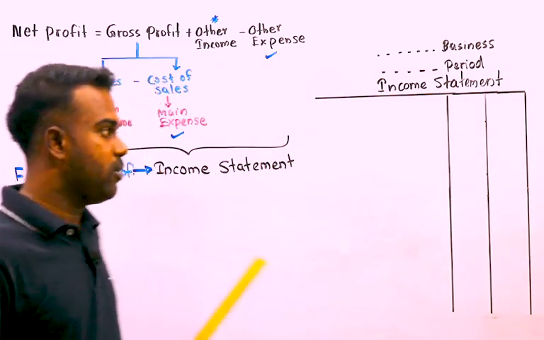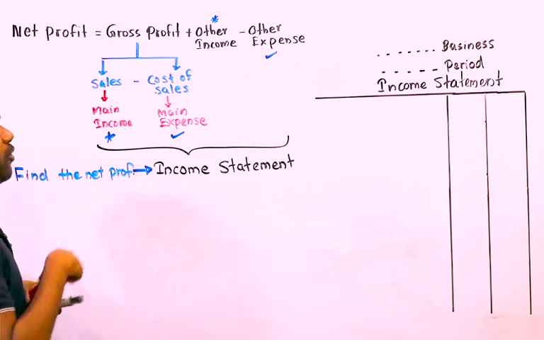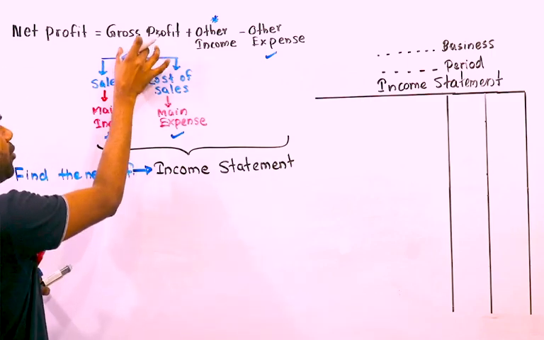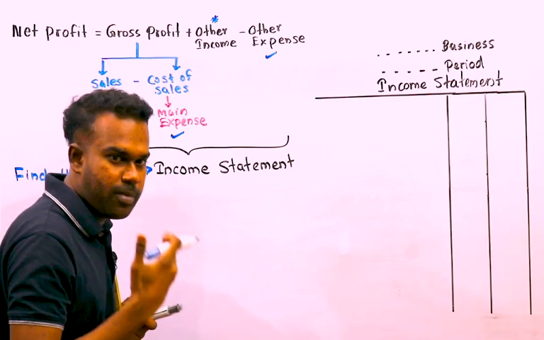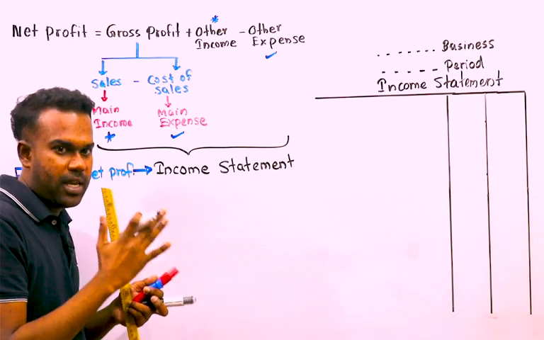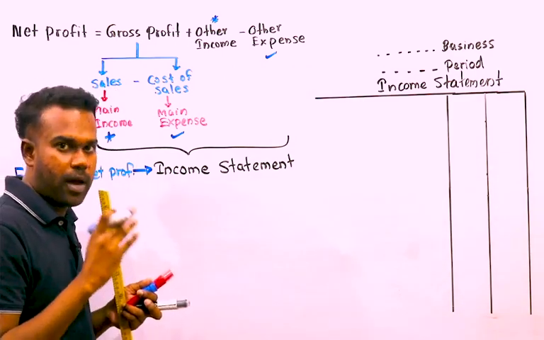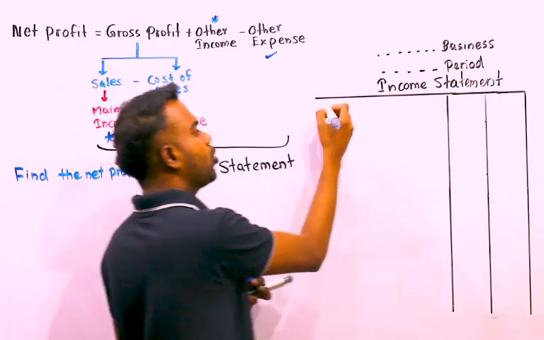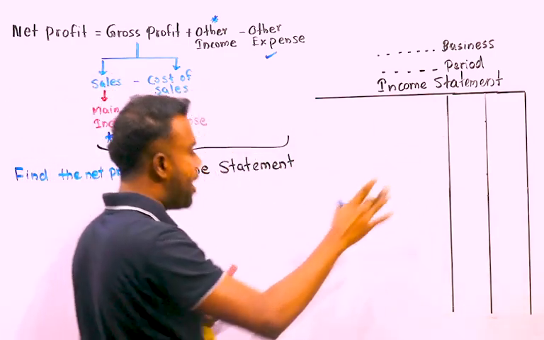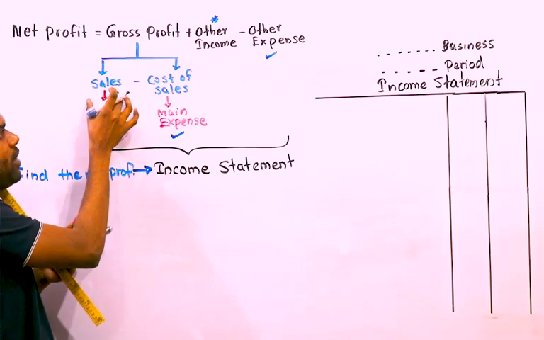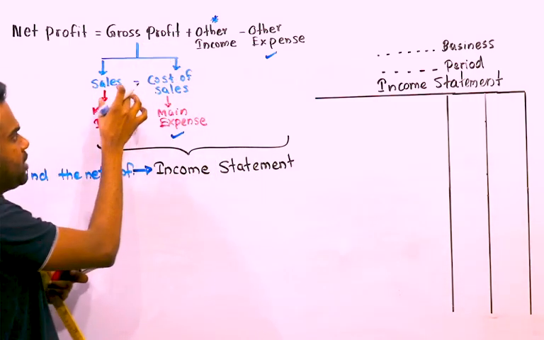Therefore, first one, what do you have to present here? Gross profit. But what is the meaning of gross profit? Main income minus main expense. Therefore, firstly, you can't write down gross profit like this, right? Gross profit you have to separately record with sales. Gross profit means sales minus cost of sales.